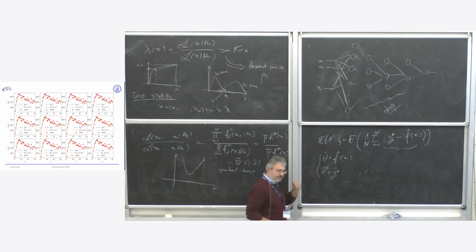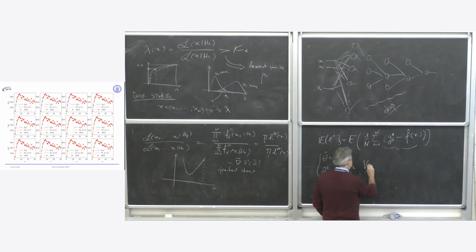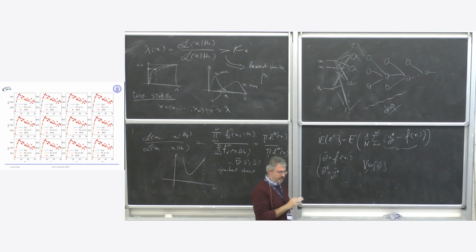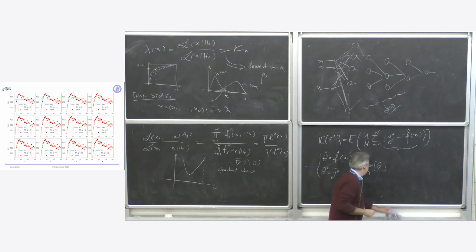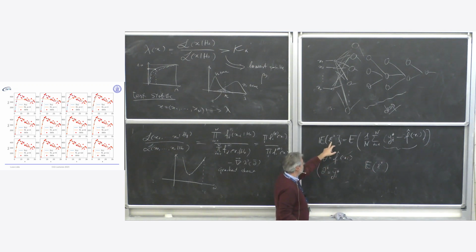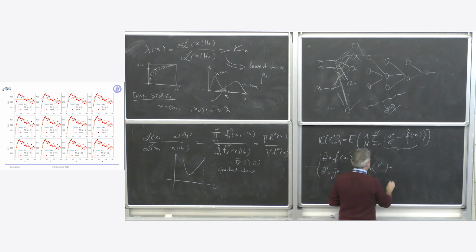There is an interesting and very simple to demonstrate theorem that tells me that the expected value of the uncertainty squared, epsilon squared, which is the distance only for a single point, so this is the epsilon total, can be decomposed in this way.